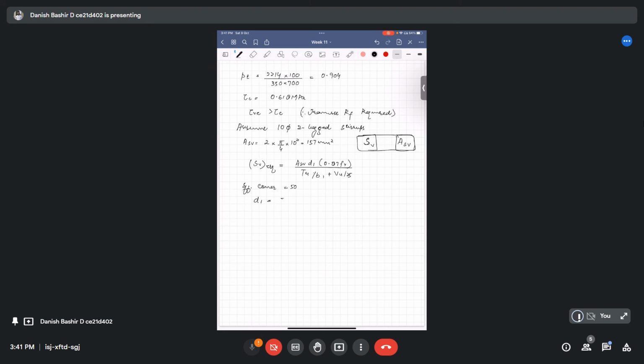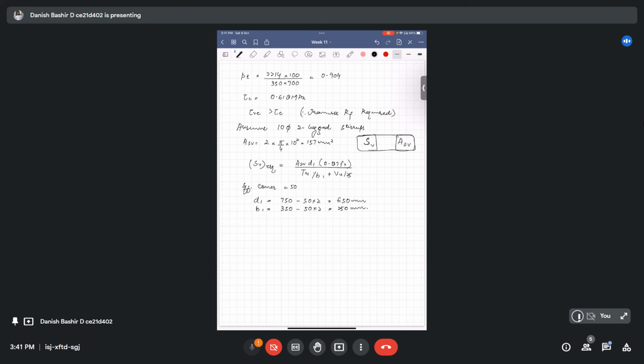D1 is equal to 750, deducting the effective cover from both sides, 50 times 2. Same for B1: overall breadth minus effective cover times 2. So we will be getting 650 and 250 respectively. Okay, these are the values.